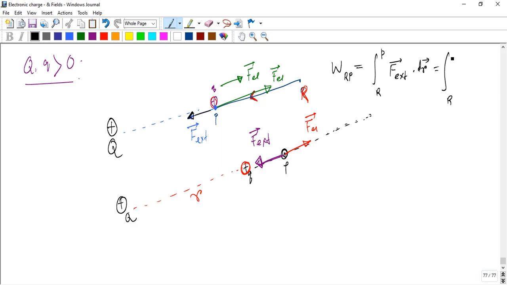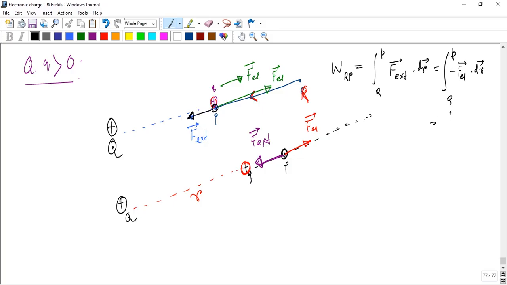We know that the external force is applied to overcome the electrostatic force at the same point, from Newton's third law. They are equal and opposite reaction forces, so their magnitudes are the same but in opposite directions. That is minus F electrostatic dot dr.